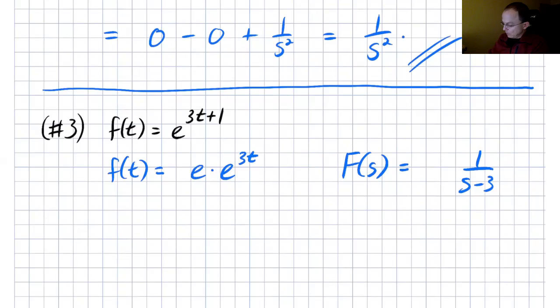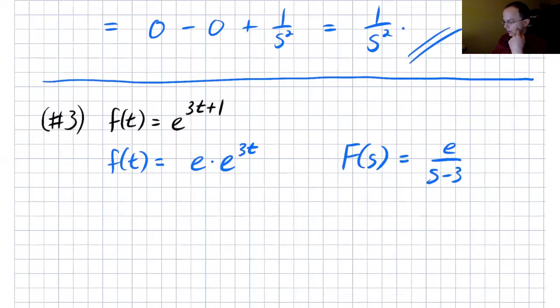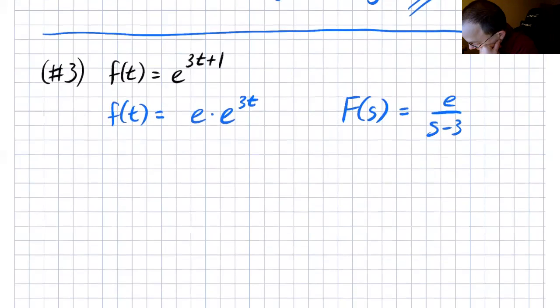So that's what we're expecting to get. So let me write it this way. We expect to get e over s minus 3. That's the answer we expect. So let's apply the definition. I guess I don't really need to write this. So this is the definition.